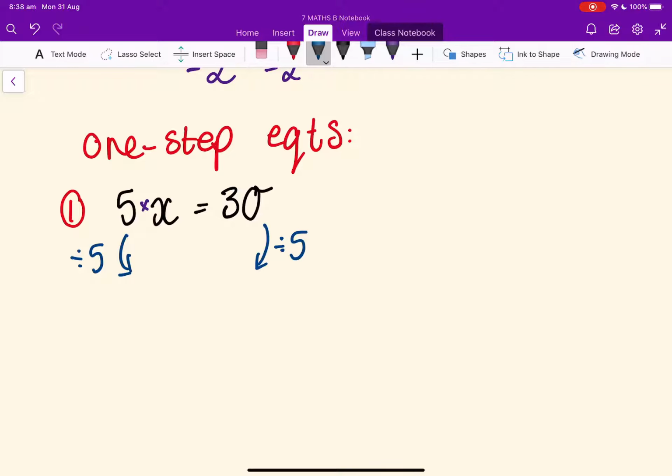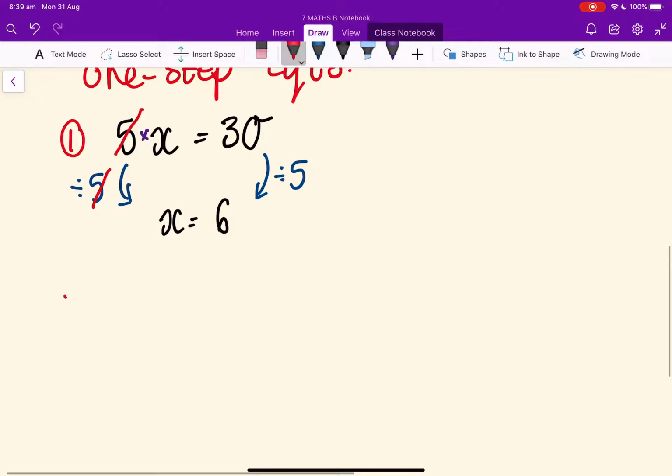When you divide 5 by 5, you can get rid of the 5s, okay? Then x becomes 30 divided by 5, which is 6, and 6 is your answer, okay? It's simple as that. Let's do another one.